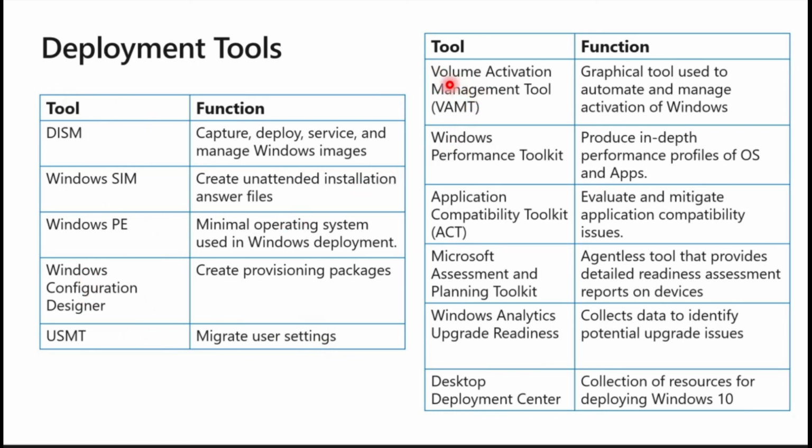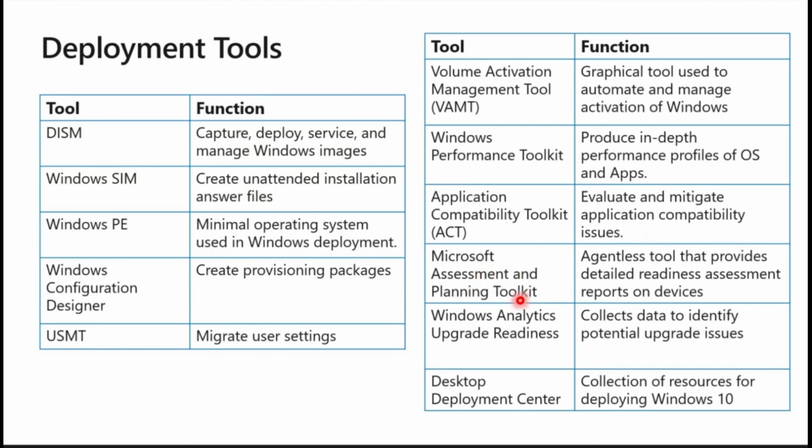Then more tools such as the Volume Activation Management Tool, called VAMT, a graphical tool used to automate and manage activations of Windows. Many companies are using these tools. Windows Performance Toolkit, produce in-depth performance profiles of operating systems and apps. Application Compatibility Toolkit, ACT, evaluate and mitigate application compatibility issues.